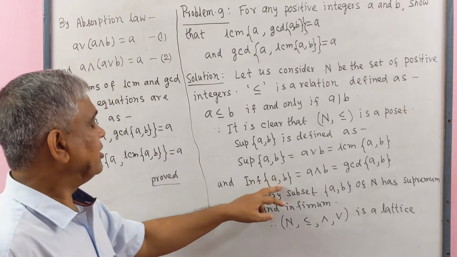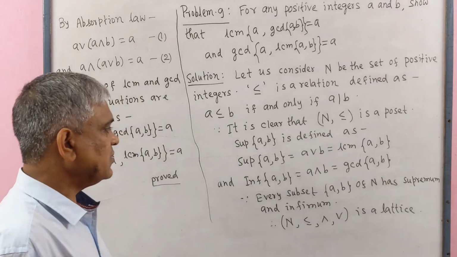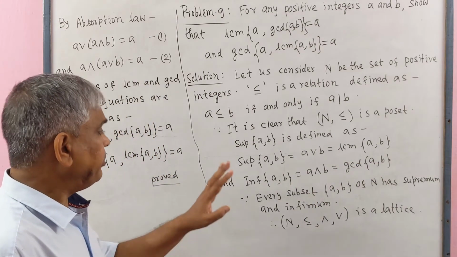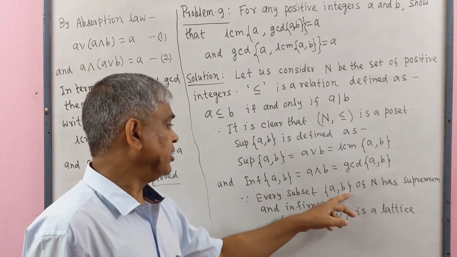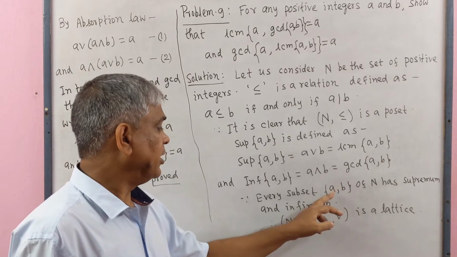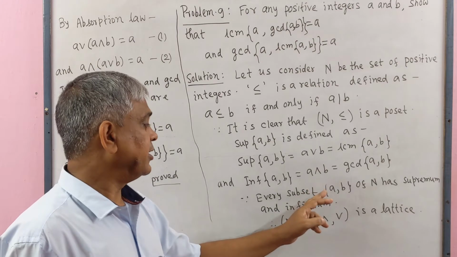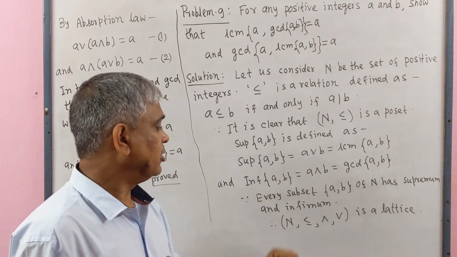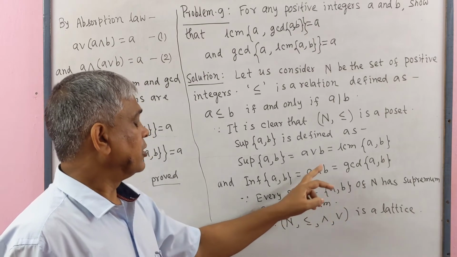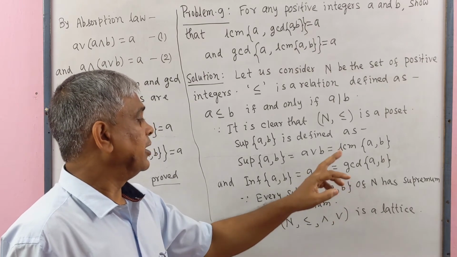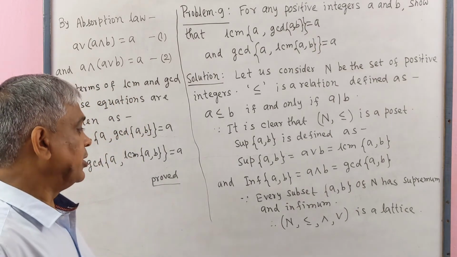And the infimum is the GCD of A and B. Since for every subset containing elements A and B we get the LCM and also the GCD, every subset containing elements A and B of N has a supremum and infimum.